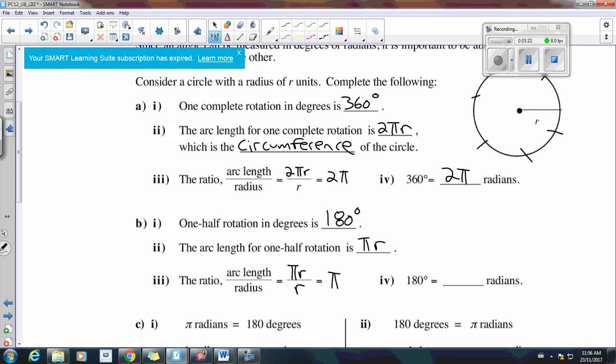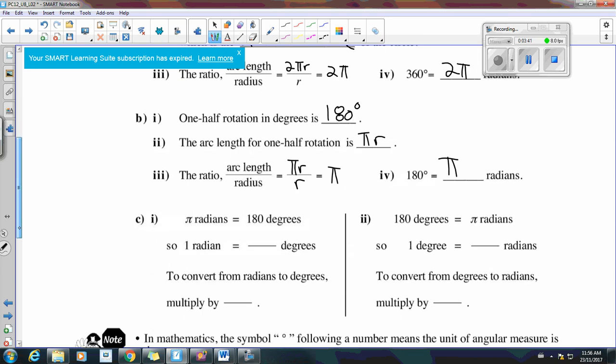So how many times would a radius fit around half a circle? Pi times, so 3.14 continues on. That's how many radiuses we would need to get around half the circle. So 180 degrees is equal to pi radians.